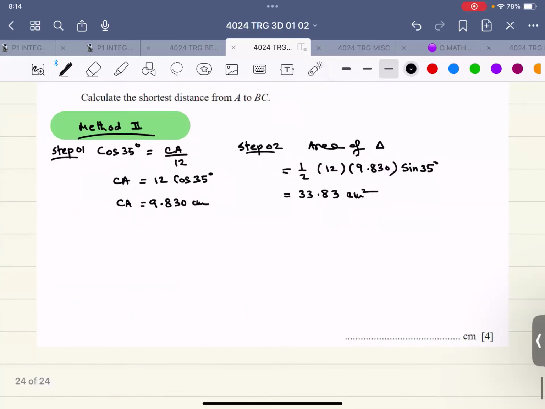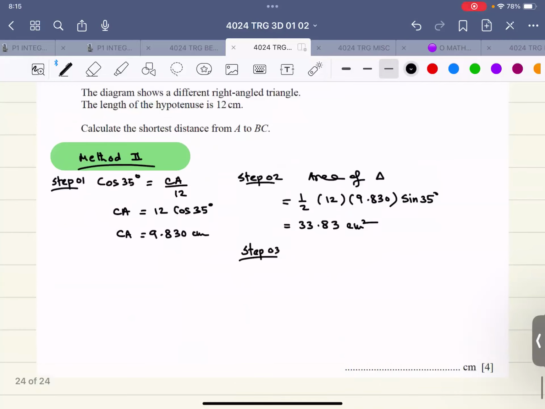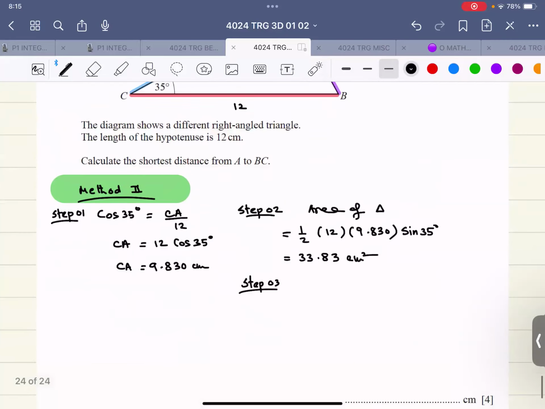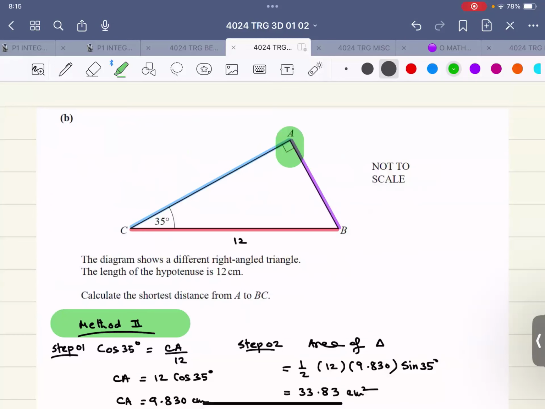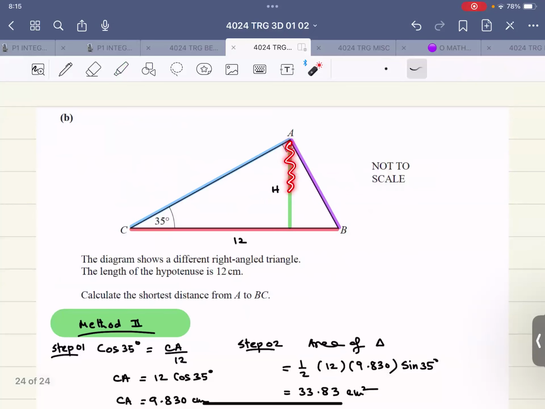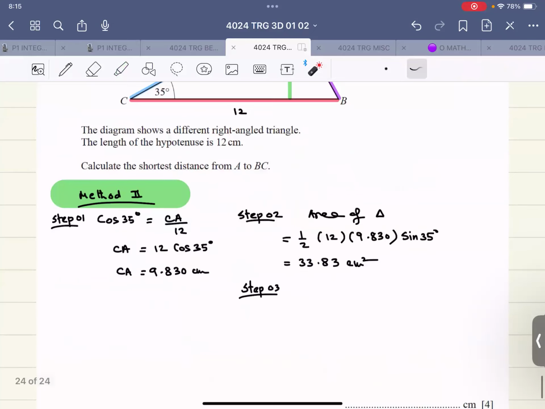And now I can involve step 3. The same area can be obtained if I take this green thing as the height, and now this is the base. So this should give me the same area.